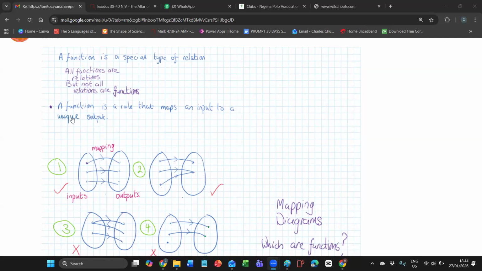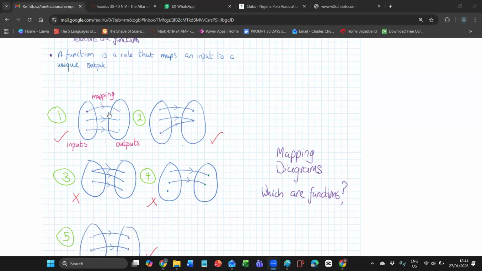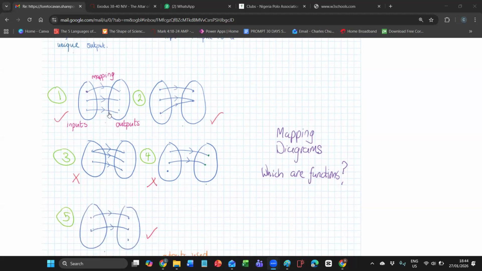I think this one is a more embracing definition. A function is a rule that maps an input to a unique output. Let's see from these diagrams which ones are functions.